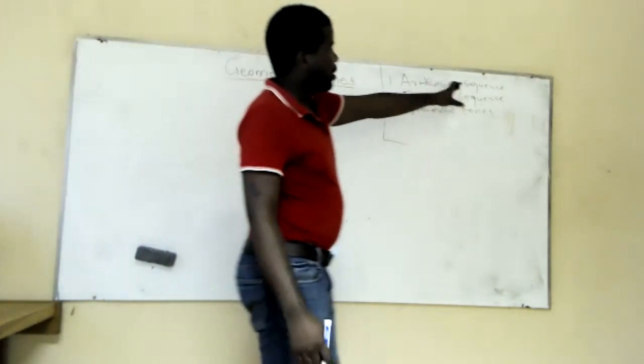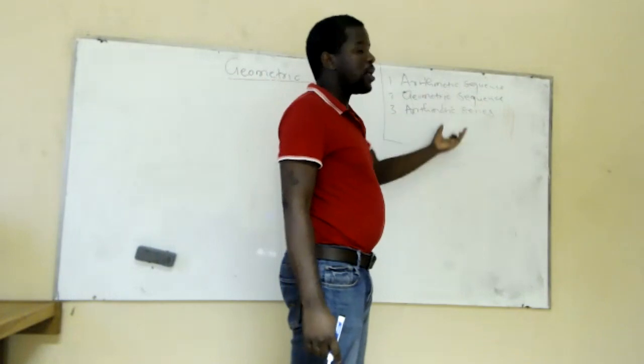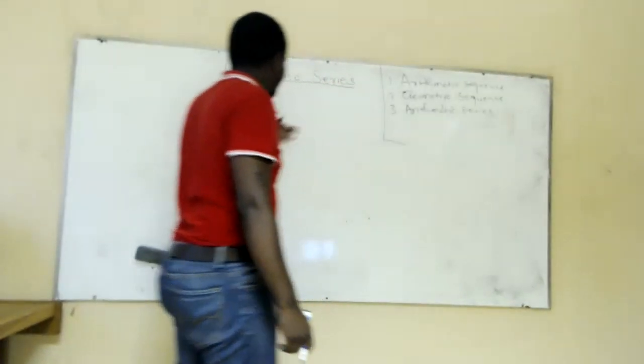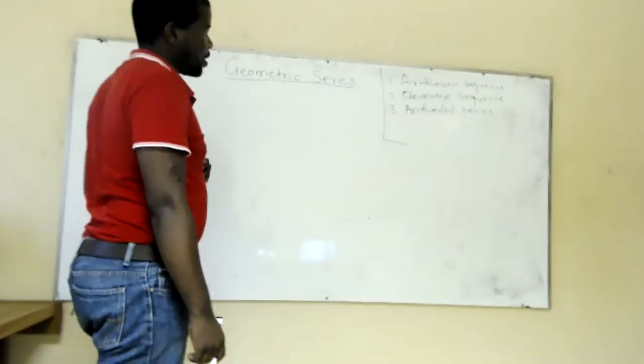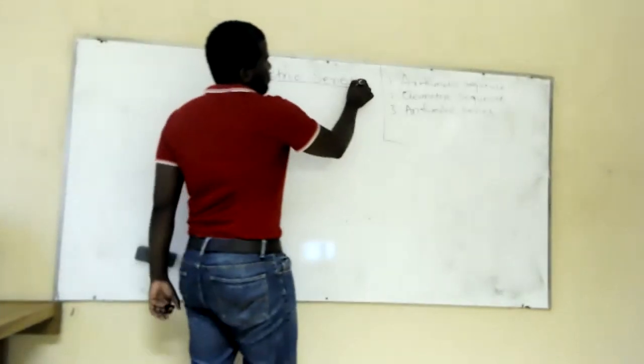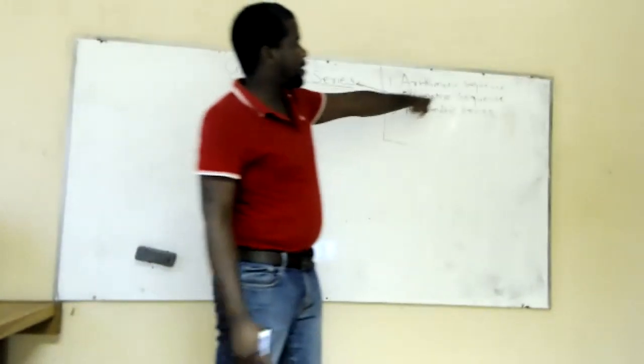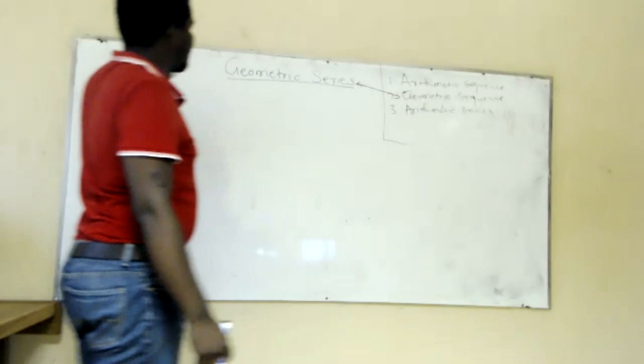So you can see the difference here is the sequence. We're dealing with the sequence and the series, of which you must understand what is going on from this. But now, before I even go any further, let me tell you that there's a relationship between geometric sequence and geometric series.